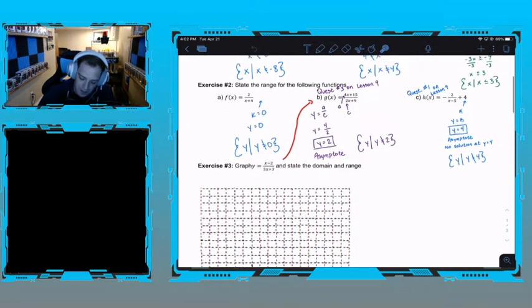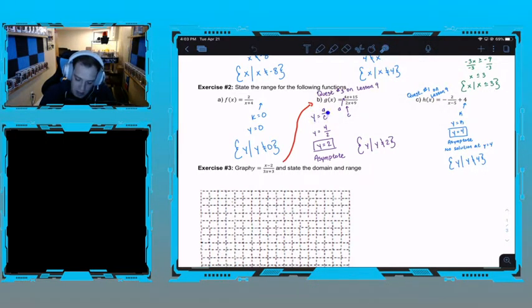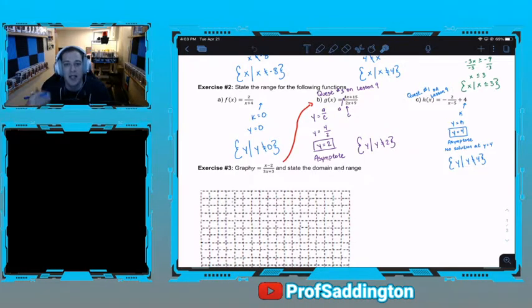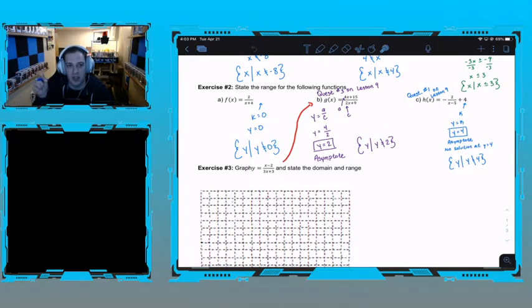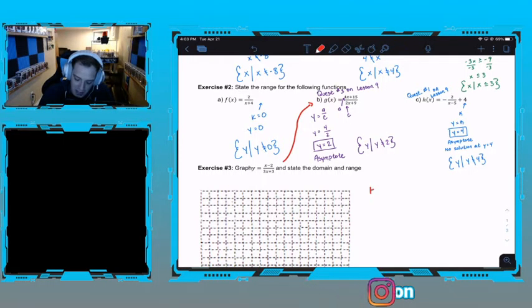This part right here, that y equals A over C, will always find your horizontal asymptote, because y equals goes sideways, so it's going to be horizontal. So the first thing I'm going to write down over on the side is horizontal asymptote.